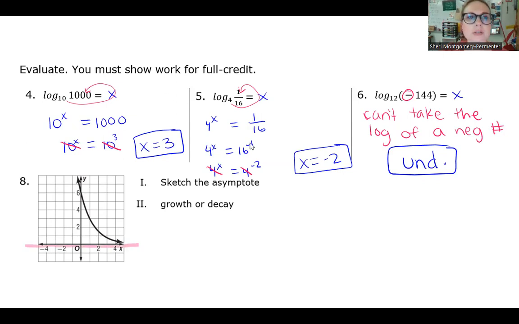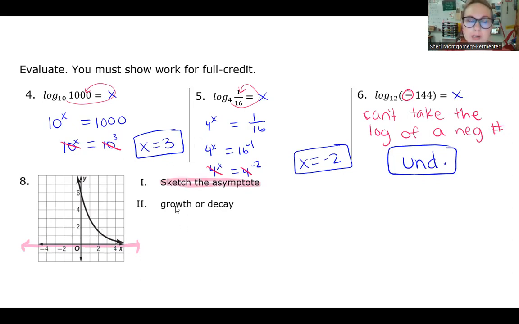So the asymptote is right there. Please make sure that you extend past your graph so that I know that you made a line, and we should put arrows on both sides. That is sketching the asymptote. You have to do that part. It's part of the grade for this question.